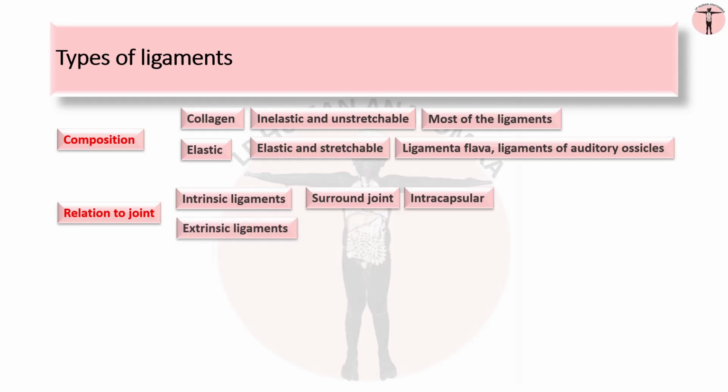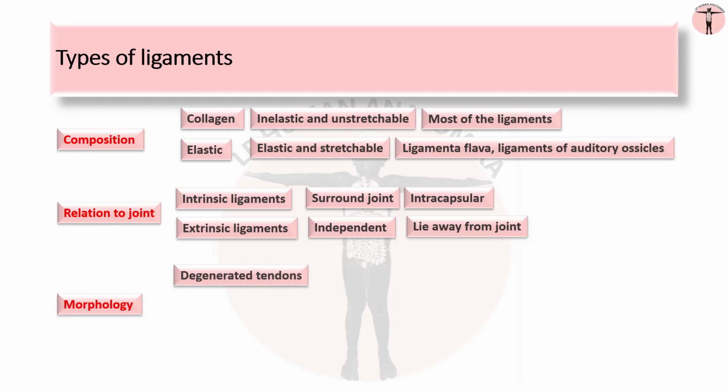Extrinsic ligaments are independent of the joint and lie a little away from the joint. According to the morphology, the ligaments in some areas are considered as degenerated tendons of the related muscles.